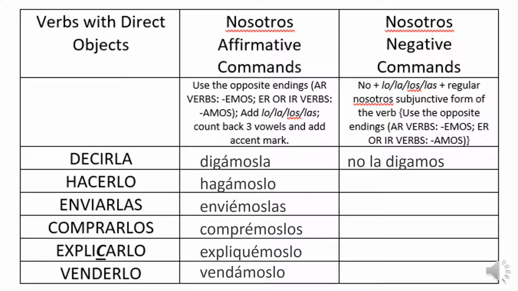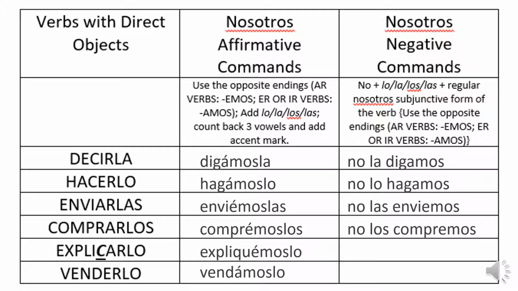If I want to say, ooh, let's not do it. No lo hagamos. If you ask me about those letters and I say, oh, let's not send those. No las enviemos. No los compremos, let's not buy them.